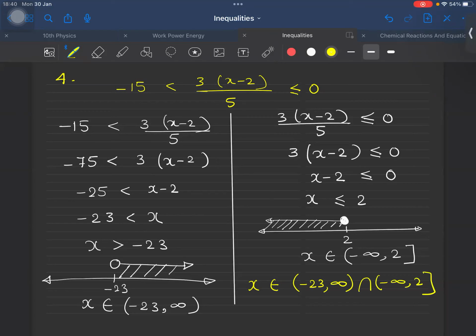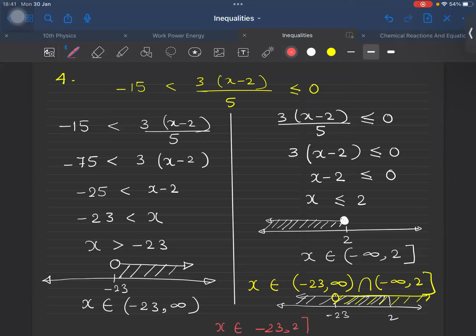I'll show you the complete solution, how to write it. On the number line we write -23, and somewhere around here is 2. The values are something like this, and let's represent it in yellow color. The common part is -23 to 2, so we write the final answer as x belongs to (-23, 2].